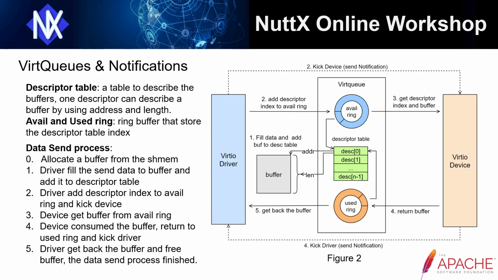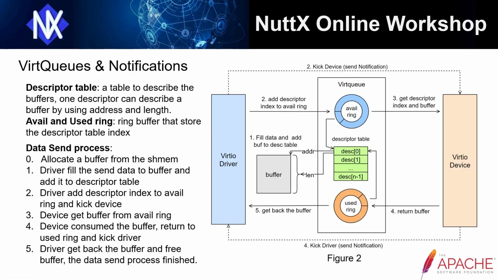Okay, back to the data send process. The VirtIO driver wants to send data to the VirtIO device. The first thing is to allocate a buffer from the shared memory. And then the VirtIO driver will fill the send data into the buffer and add this buffer to the descriptor table.